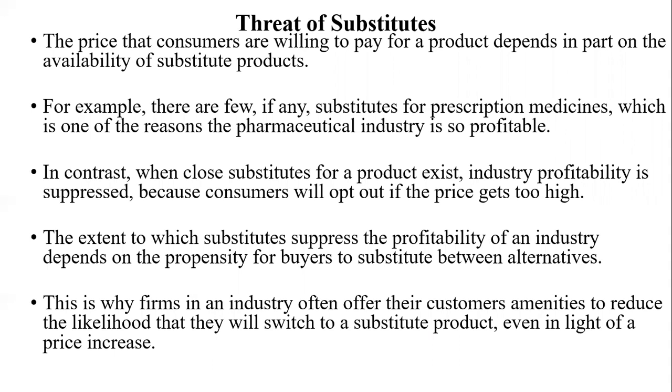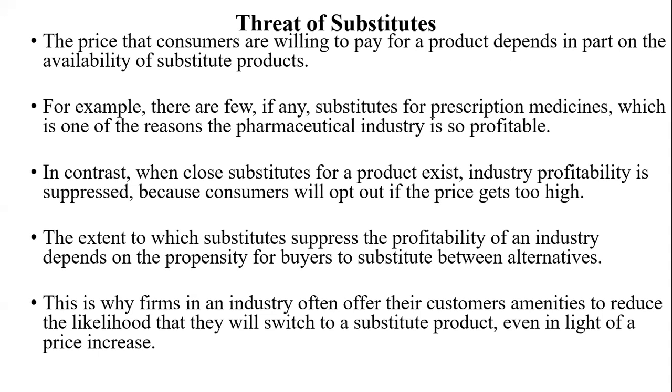This indicates that at any point in time, when you are churning out goods and services in an industry where you have a lot of close substitutes, then the chances for you to even push your price up will be negligible.